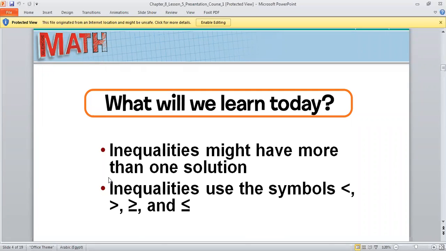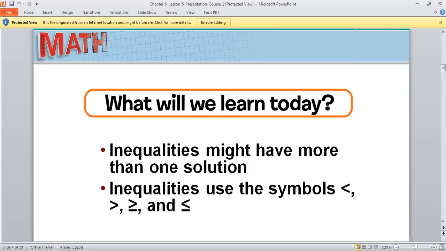Inequalities use symbols: less than, greater than or equal, less than or equal.